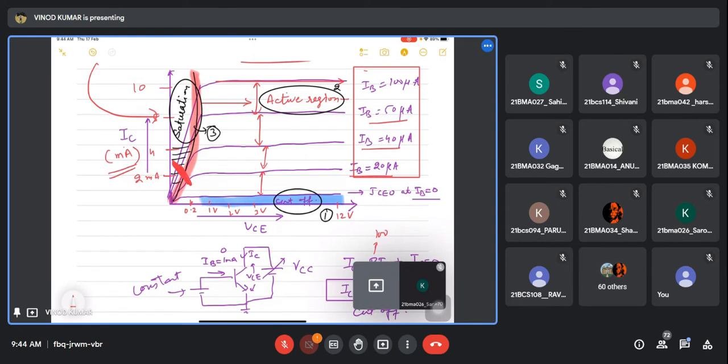So this is VCE saturation, and this is VCE active, meaning the drop across this junction is very small in saturation.